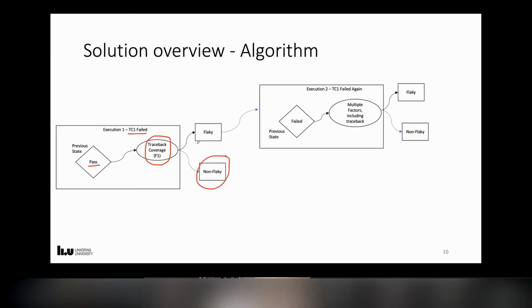If it did not execute on the changed code, and it's unrelated, then it's flaky. You may change something or rerun it, whatever you do for the second execution. And if at that time it failed, then you use multiple factors, which include traceback, test smells, history, and size. And then the tool marks whether it is flaky or non-flaky.